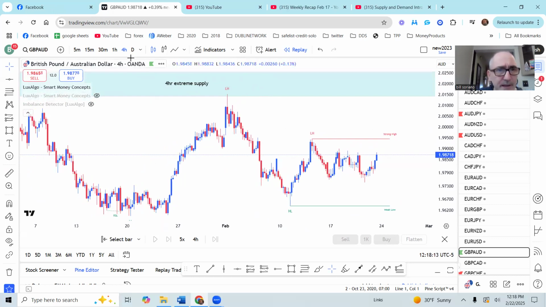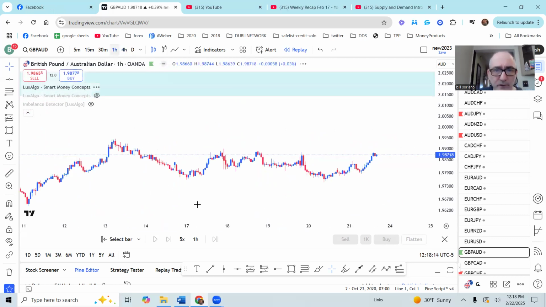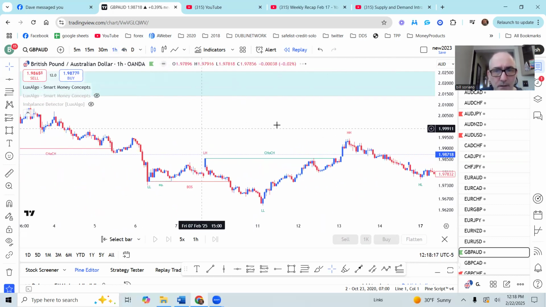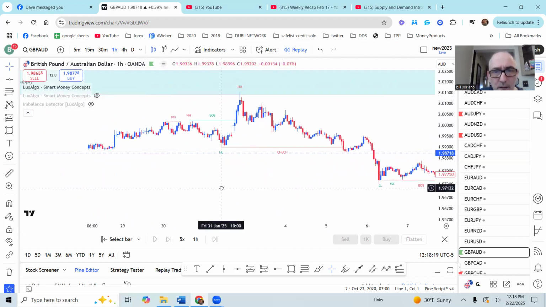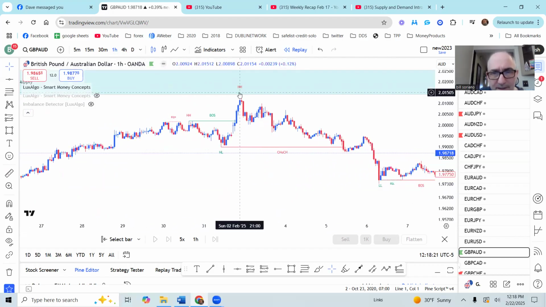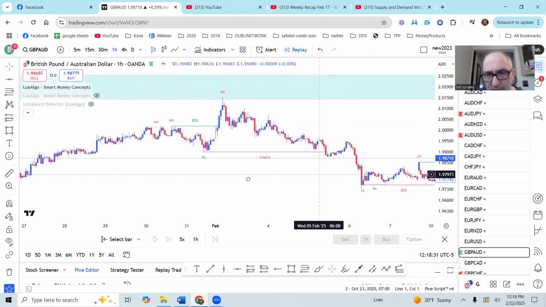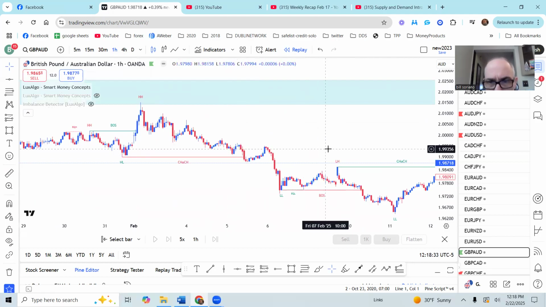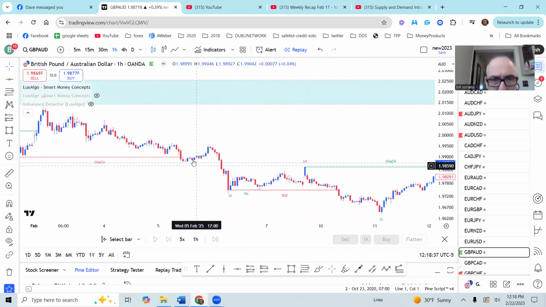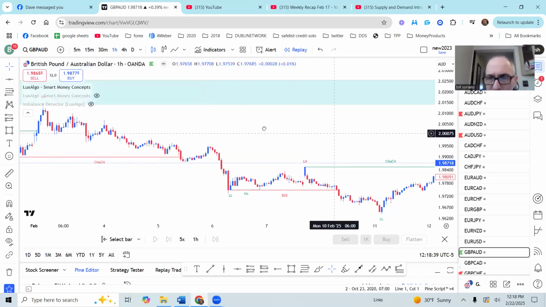But if we were to drop down, say, to the 1 hour time frame, price comes up, hits this area, and then we can see here we get this change of character right here. And with that, we do have some zones here.